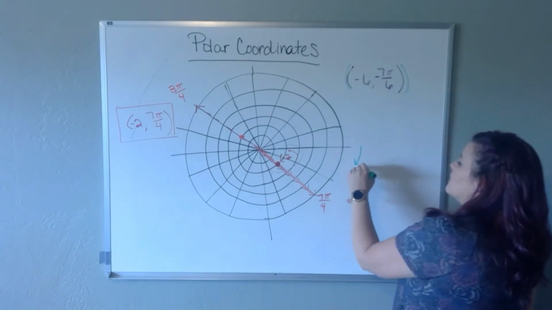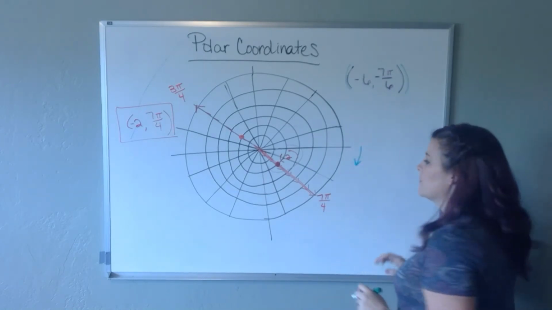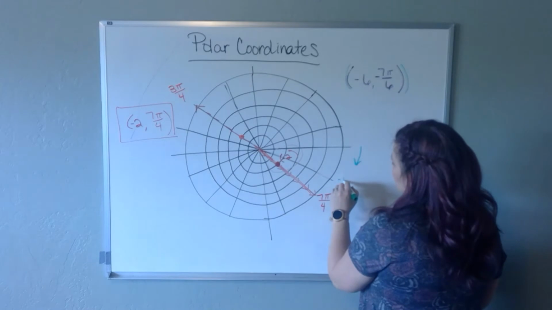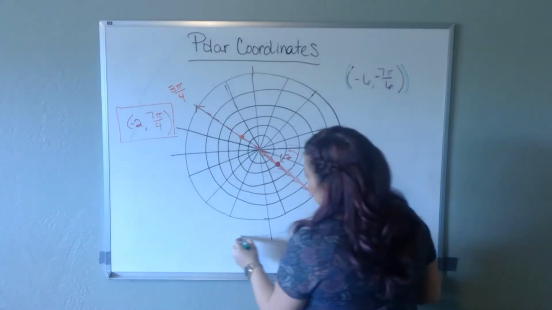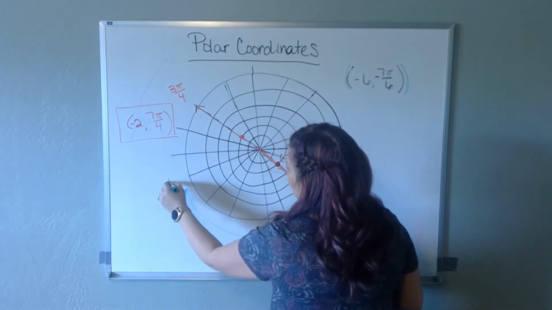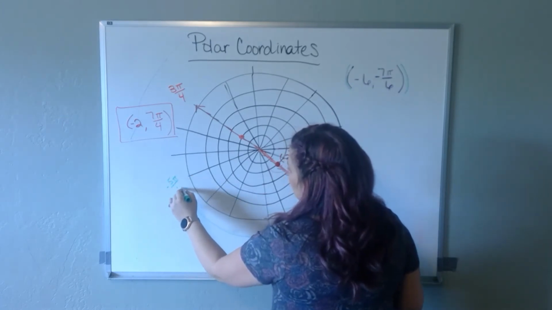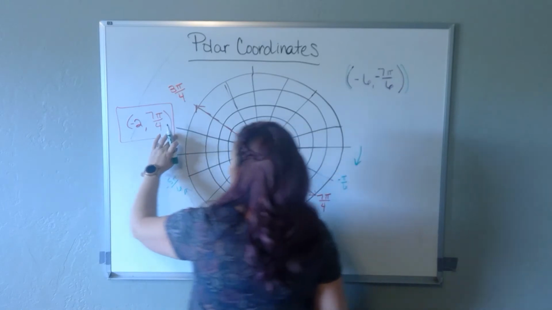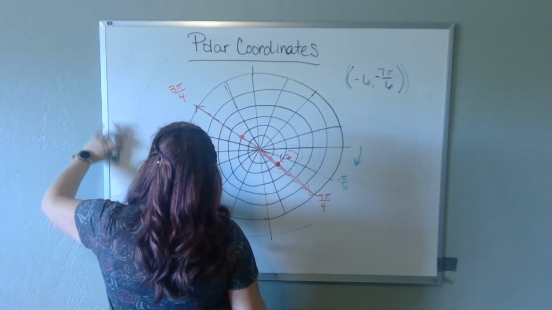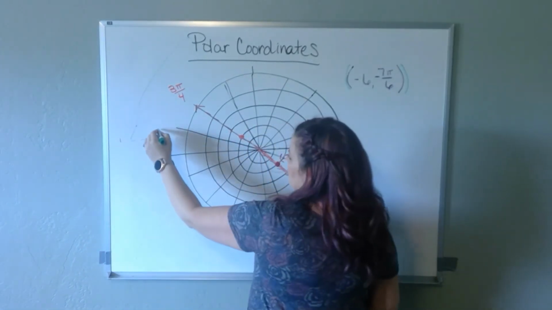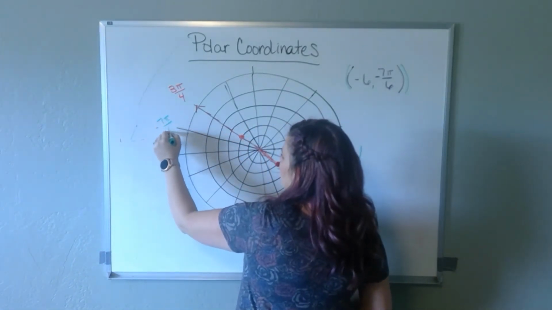So going this direction to find negative 7 pi over 6, this would be negative 1 pi over 6. Keep going this direction. Here's negative 5 pi over 6. Go a little bit further, and here's negative 7 pi over 6.